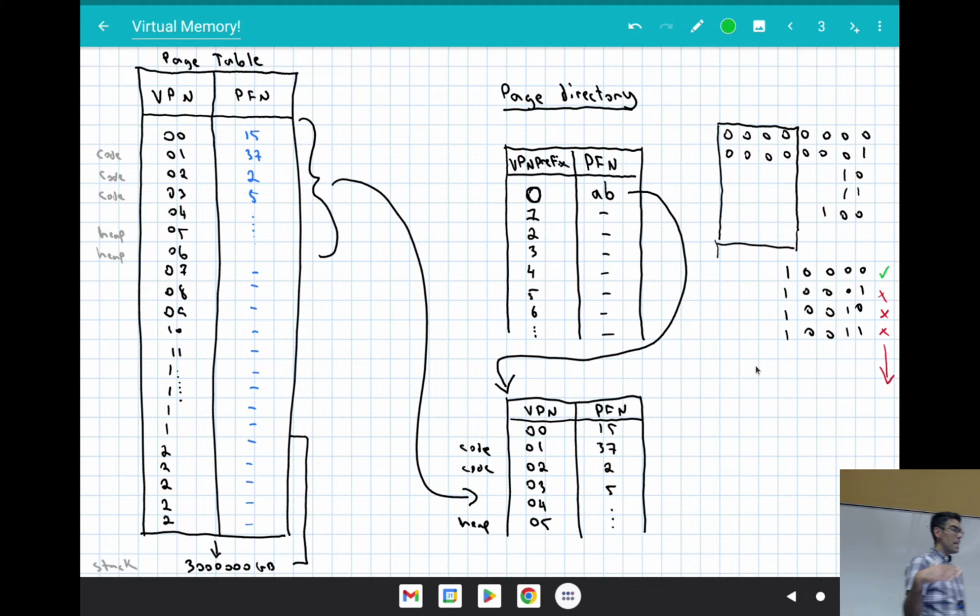Then we would allocate an entire page for translations. And we still have internal fragmentation here because that whole page is going to be allocated for translations. But that's okay because we're minimizing internal fragmentation here because all the pages are the same size and they're quite small. So I don't have to worry too much about having wasted space because not that much space is going to be wasted.